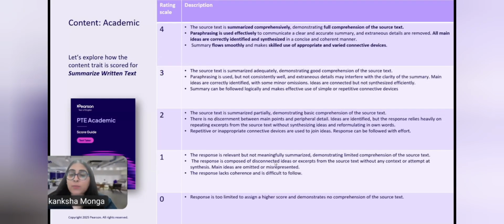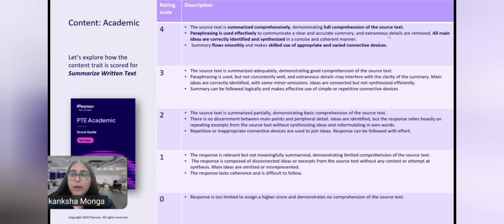The response is also composed of disconnected ideas or excerpts, which means that certain words and ideas have been taken from the text, but the test taker has not been able to show any connection or any organization of the same ideas. There's no context or attempt at synthesis.